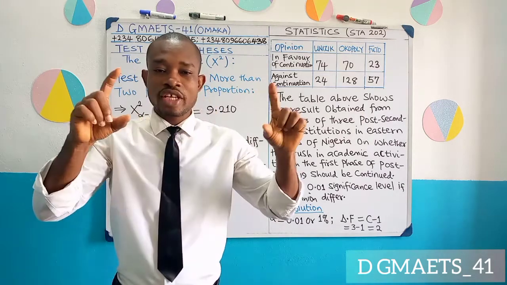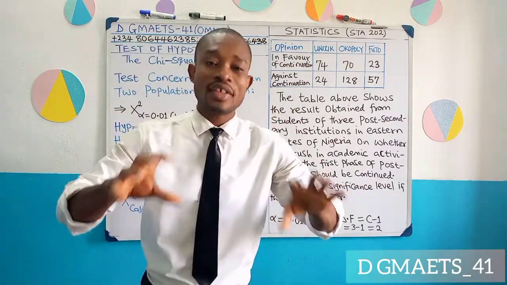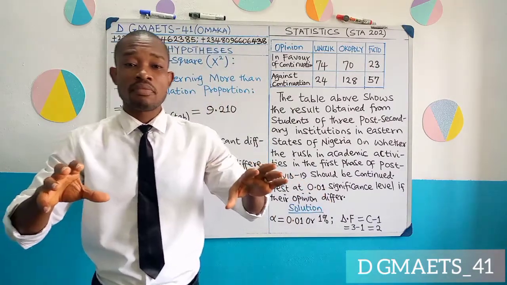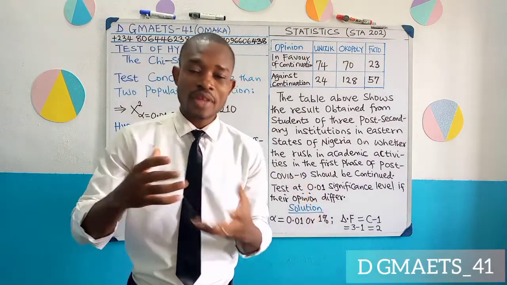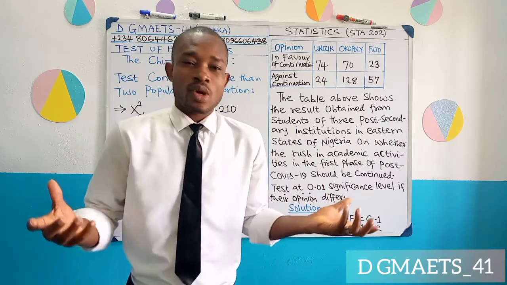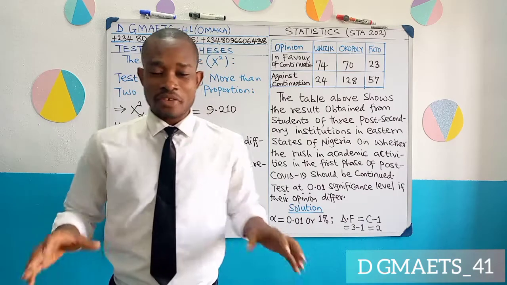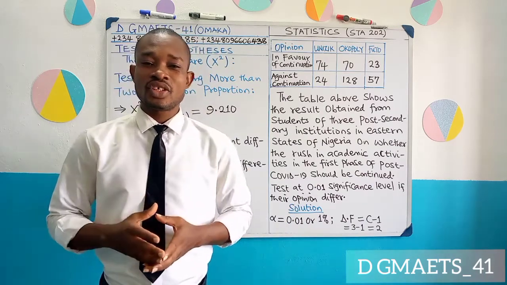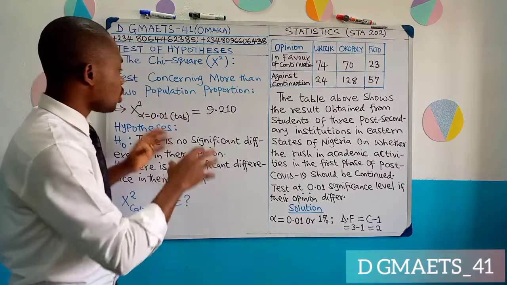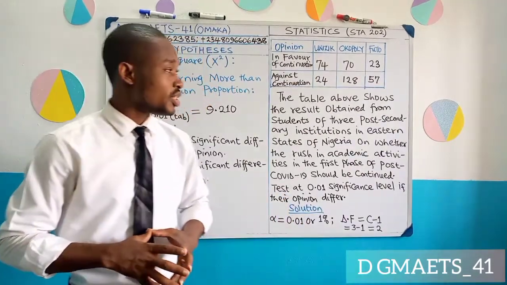The word homogeneity simply means we are trying to test the opinion of people, whether it is the same or different, whether what people feel about a particular matter is equal, or whether their opinion differs. That is the idea of tests concerning more than two population proportions, also known as the homogeneity test.